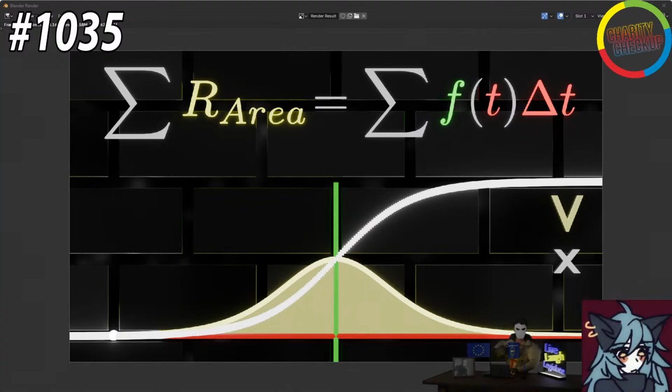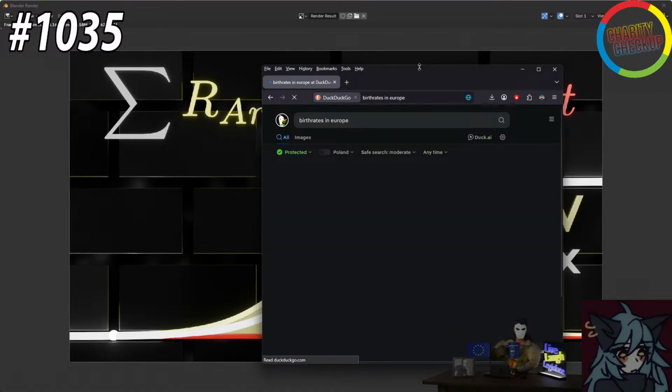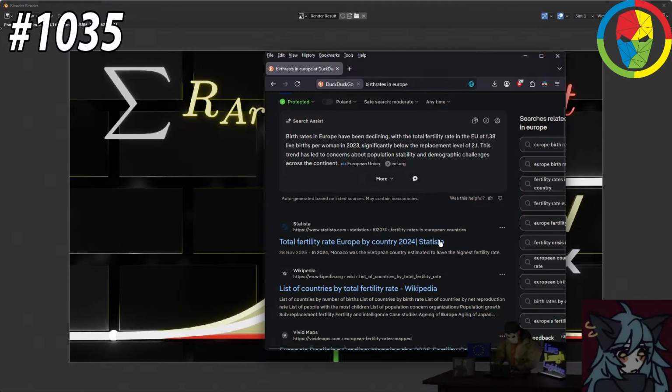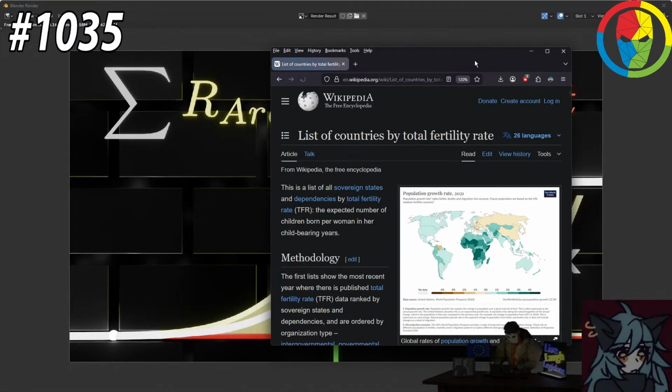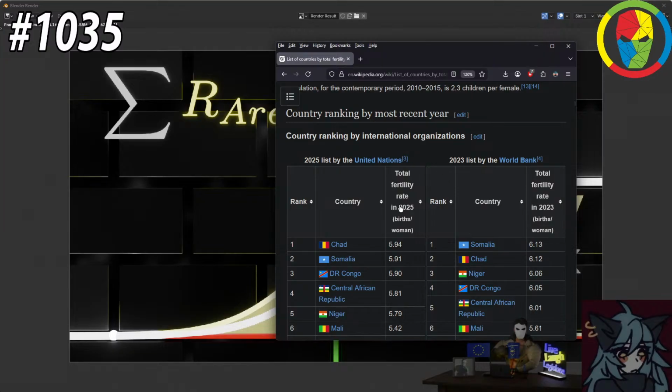Actually, let me check. I have no idea. Birth rates in Europe, let me see. Oh my goodness, 1.38? Huh. What is the country with the lowest birth rate? Because we can calculate how quickly they're going to disappear.